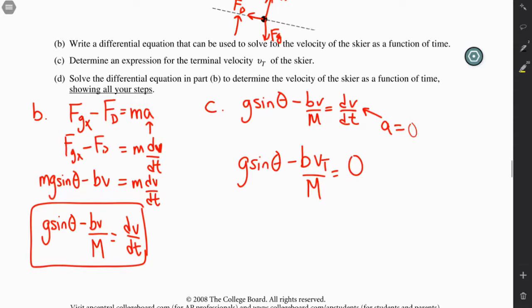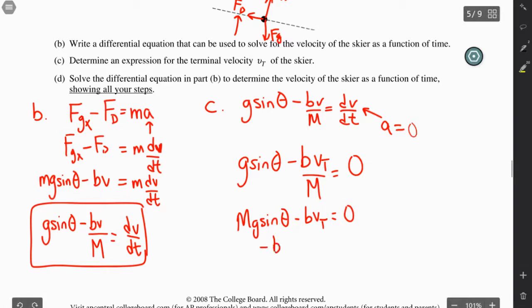And so then we can multiply that m back through. So mg sine theta minus b v_t equals 0. Then subtract over the mg sine theta, and then divide by negative b. So you end up with mg sine theta divided by b as our terminal velocity.